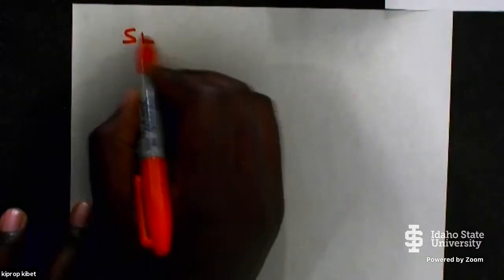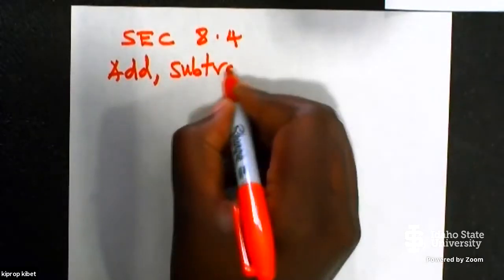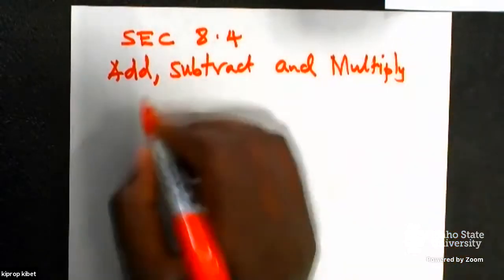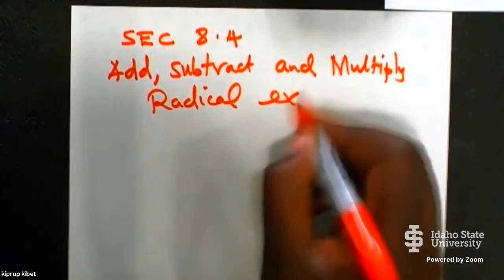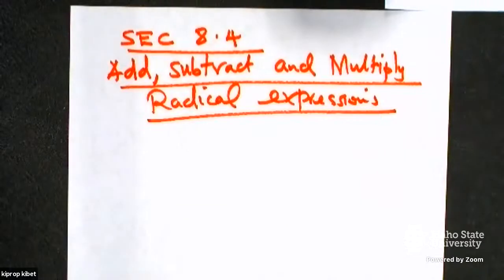All right, now let's come to what we are supposed to do today. We are looking at section 8.4, which deals with adding, subtracting, and multiplying radical expressions.